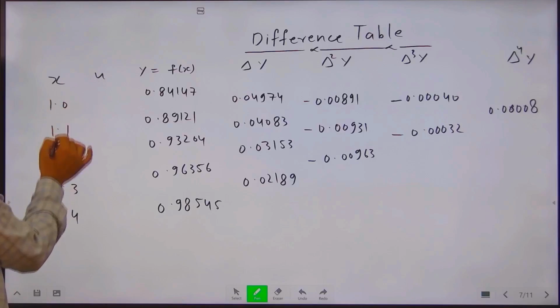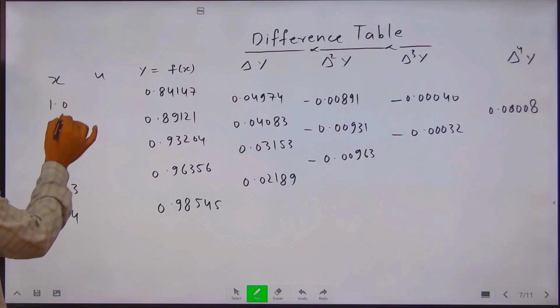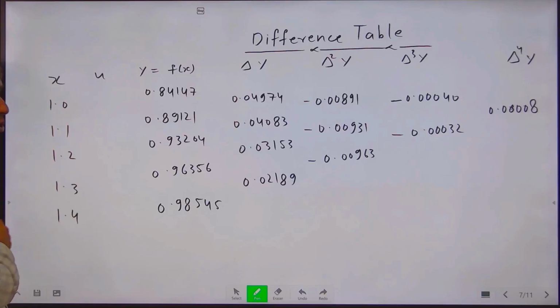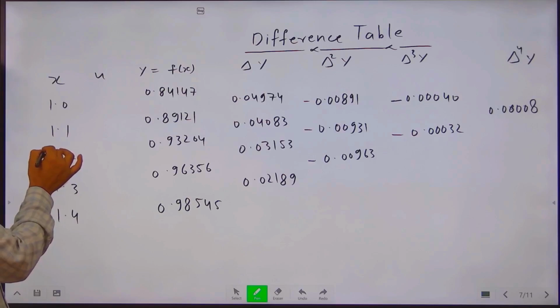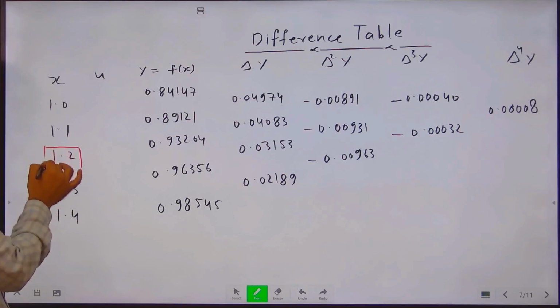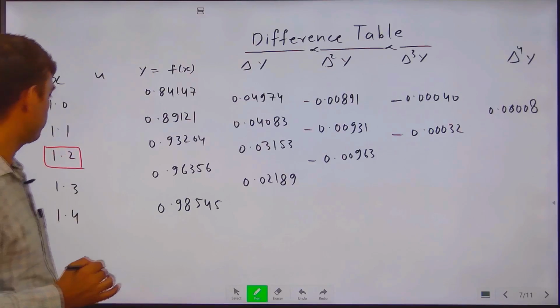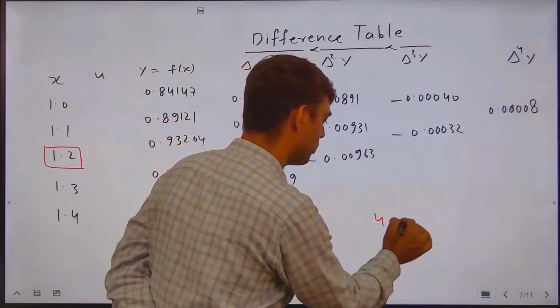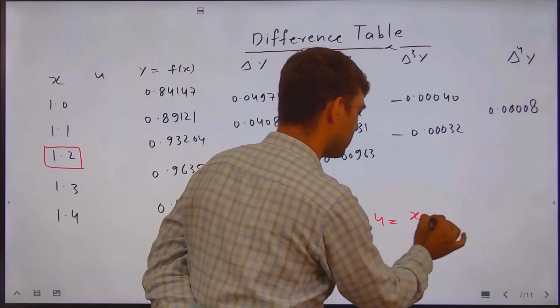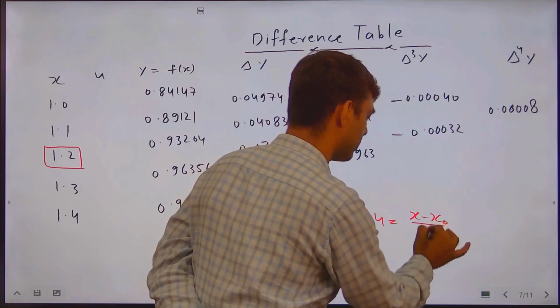These are the values of x. So which value do we choose as x0? You may choose x0 as 1.2, this is the central value, because if we choose this as the central value, then u becomes x minus x0 upon h.